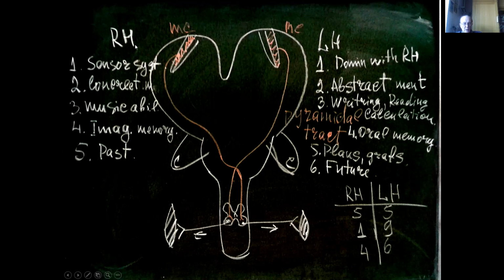The right hemisphere takes the previous information and connects it with the past information. All the knowledge of your previous life, the childhood, are located in the right hemisphere. But the left hemisphere has the abstract mentality, and it forms the plans of the future.